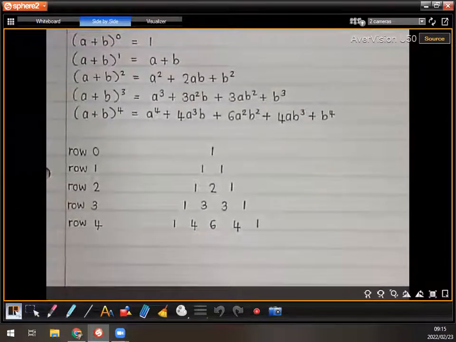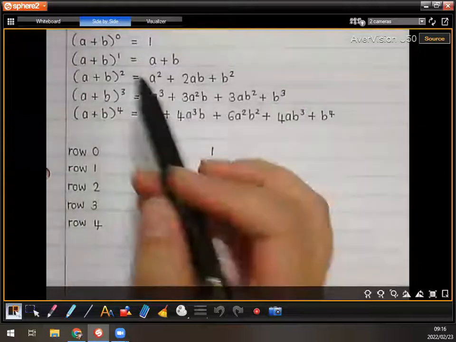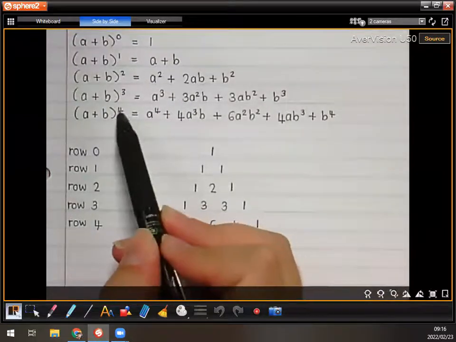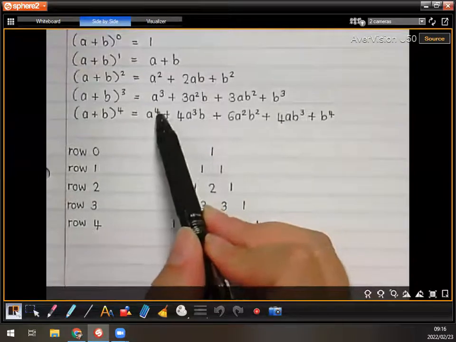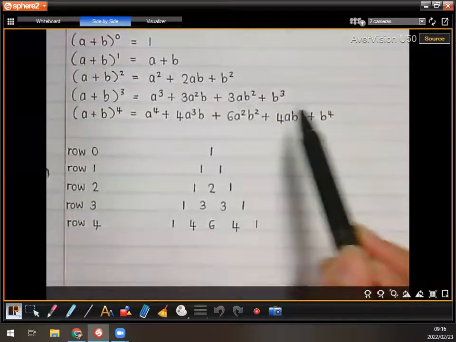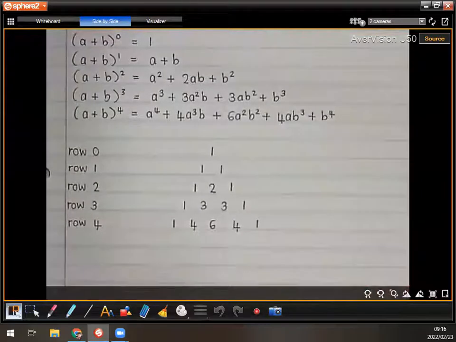Yes, you are correct. That's good. Do we see that pattern that happens in the next one as well? So this exponent is 4. So the sum of the exponents of the variables there is 4. Here we have 3 and 1, 2 and 2, 1 and 3, and then 4. Okay, good observation there.